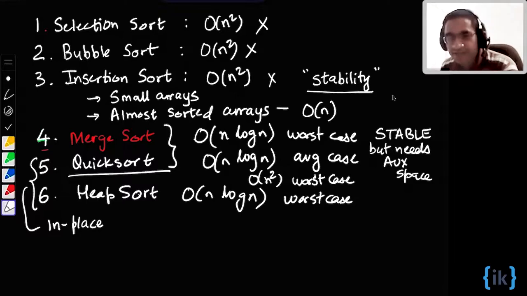So wherever stability is needed, the underlying implementation is going to be some form of merge sort. And where stability is not important and you want your algorithm to run as fast as possible on a general input, the underlying implementation would typically be quicksort, sometimes heapsort, but typically quicksort, because empirically it runs quite fast.